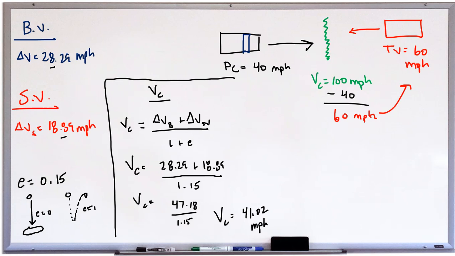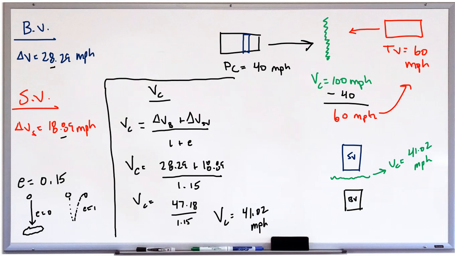So that means that when we had our stop vehicle earlier, and we had our bullet vehicle approaching, the bullet vehicle and the stop vehicle were coming together at a speed of 41.02 miles per hour. The only other thing we have to do is figure out what the speed is for the bullet vehicle using our closing velocity.